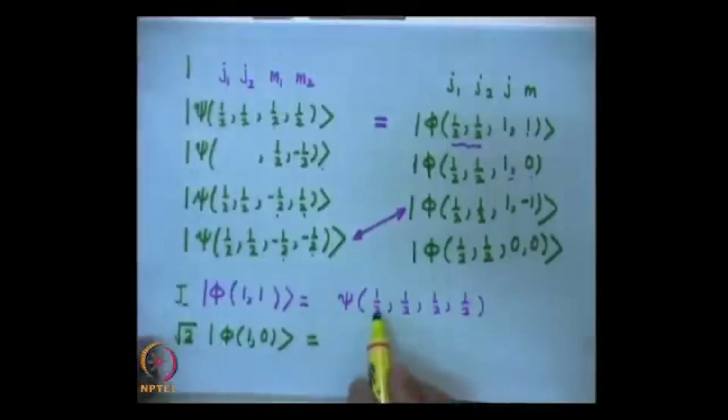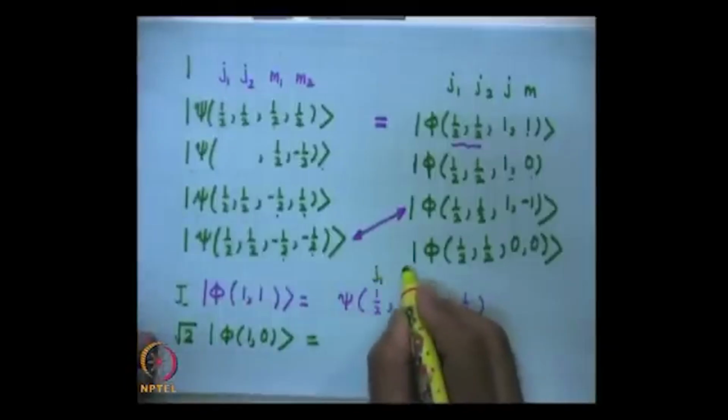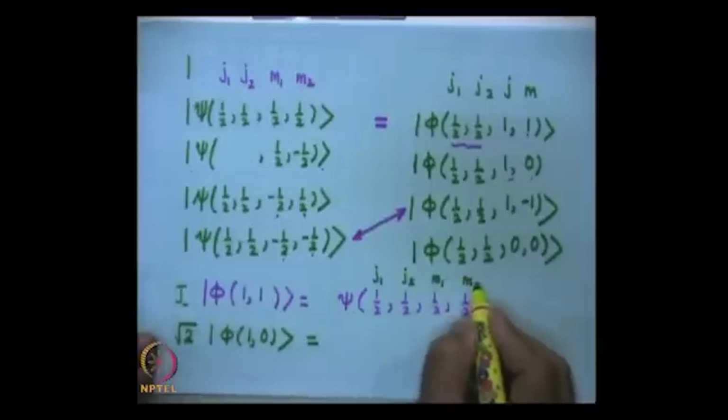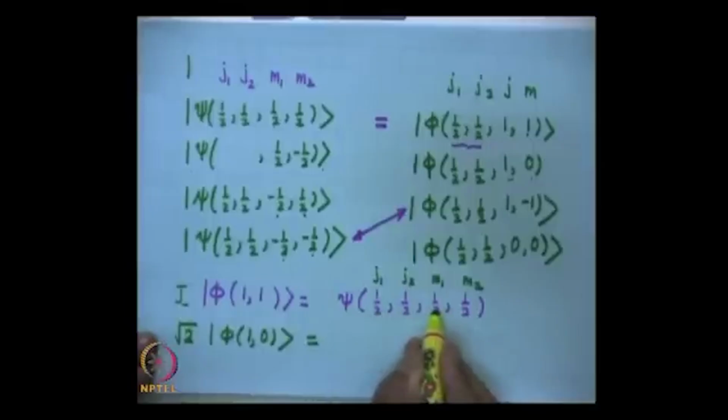So, if I operate, one has to do this very carefully, on j 1, j 2, m 1, m 2, and you will find that when I operate this by j 1 minus, I have to worry about this. So, j plus m, half plus half is 1 and j minus m plus 1, half minus half plus 1.